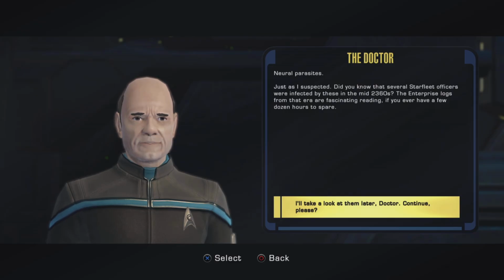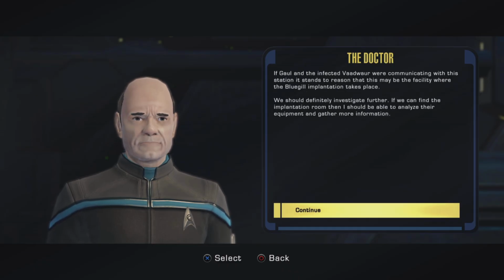The Enterprise logs from that era are fascinating reading if you ever have a few dozen hours to spare. If Gaul and the infected Vaadwaur were communicating with this station, it stands to reason that this may be the facility where the bluegill implantation takes place. We should definitely investigate further. If we can find the implantation room, then I should be able to analyze their equipment and gather more information.